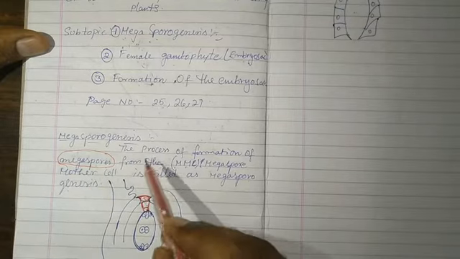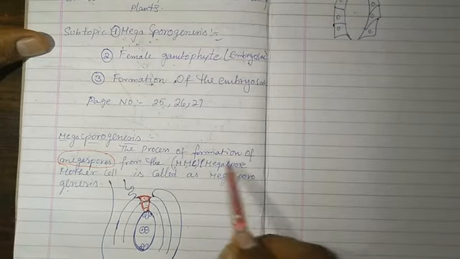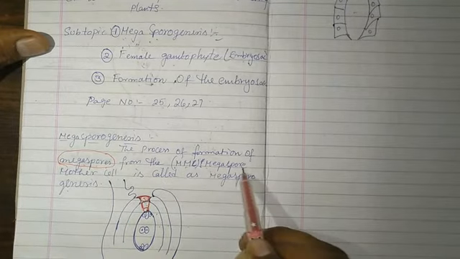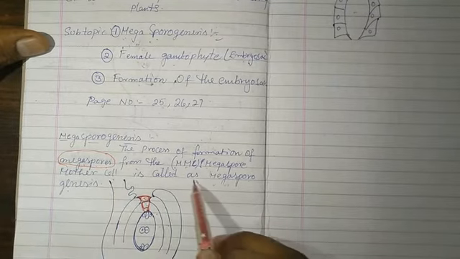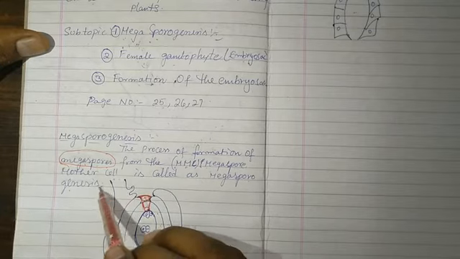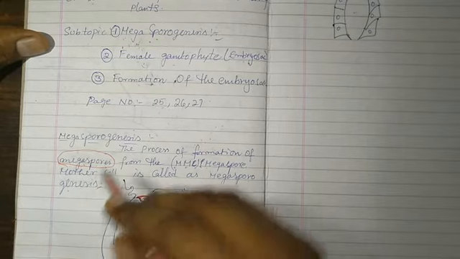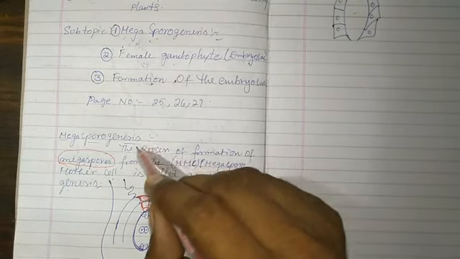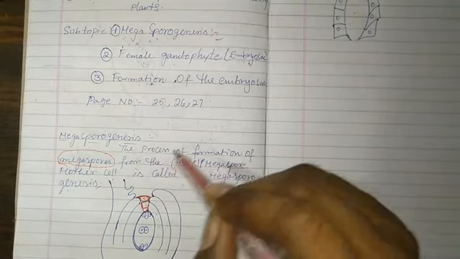Again I will repeat, the process of formation of megaspores from the megaspore mother cell is called megasporogenesis. Here is another question: where does this megasporogenesis occur?